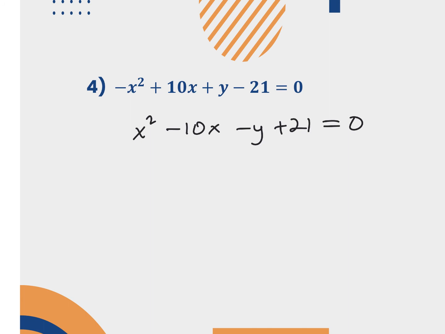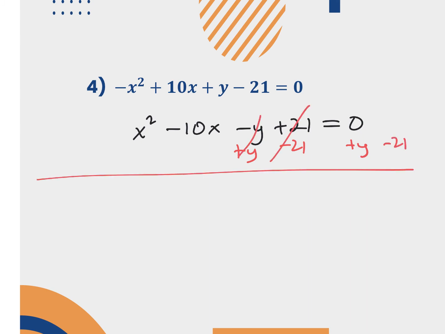So I'm actually moving the y and the 21. Whenever it's a parabola, you're keeping the squared variable and its non-squared component together on one side, and then the variable that's not squared moved to the other side with the constant. So I'm really adding y and subtracting 21 from both sides. And now I'm left with y minus 21 over here.